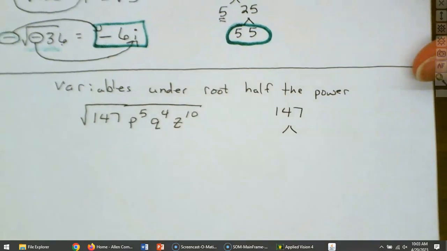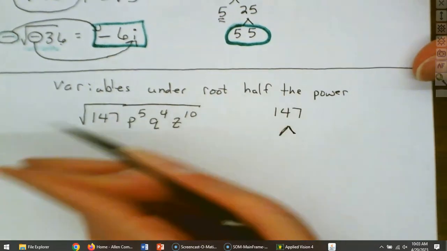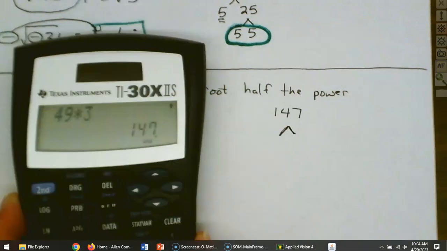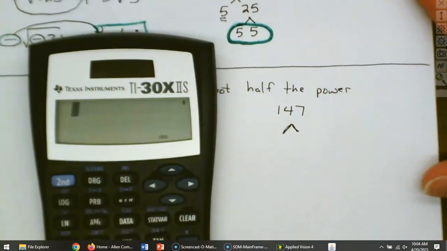147. Well, 147 ends in a 7, and 7's an odd number. So if it's an odd number, then we'll start with things like 3, maybe 7, maybe something like 11, maybe if they're duplicated values. But let's start with 3. 3 is a small odd number, and let's see if this is divisible by 3. And it is, right? So it is divisible by 3.